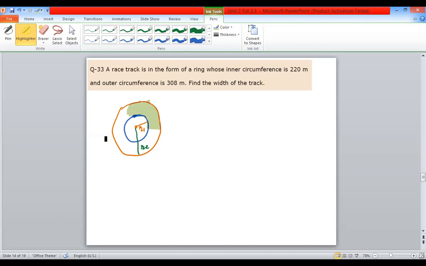So I need R1 and R2, and I'm supposing R1 is the smaller circle's radius and R2 is the bigger radius of the given circles. So we have the circumference of both circles. Let me start with the inner circumference.